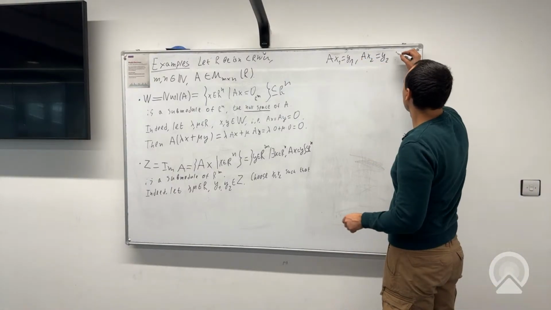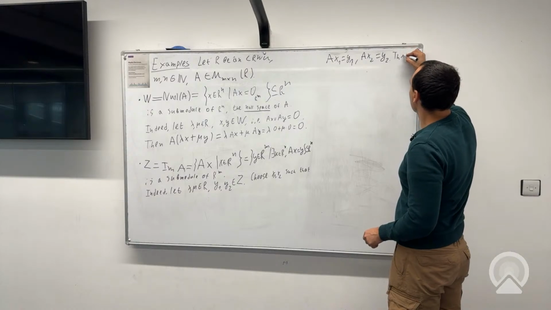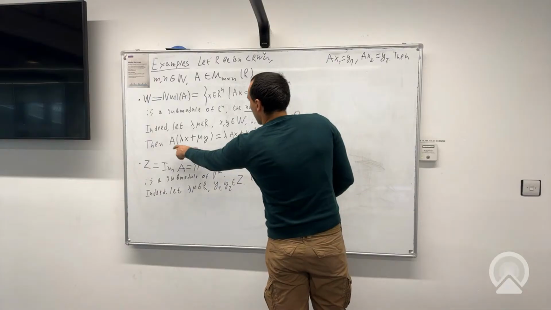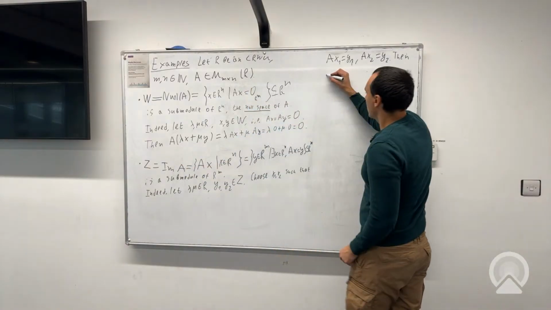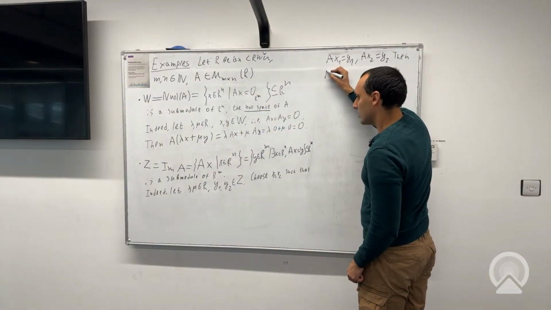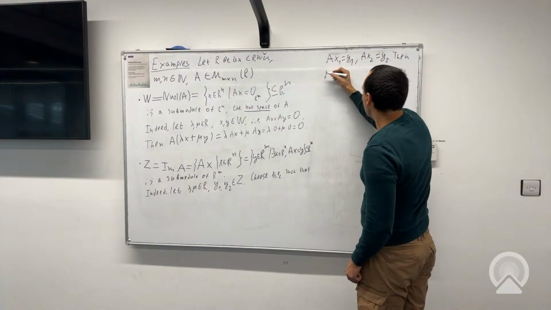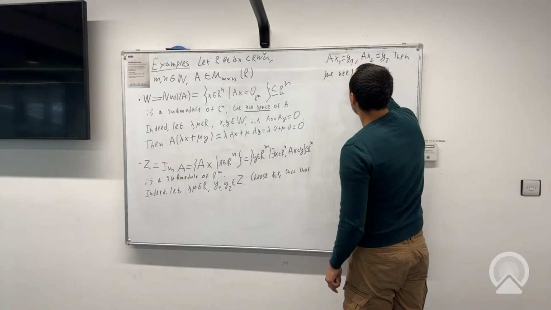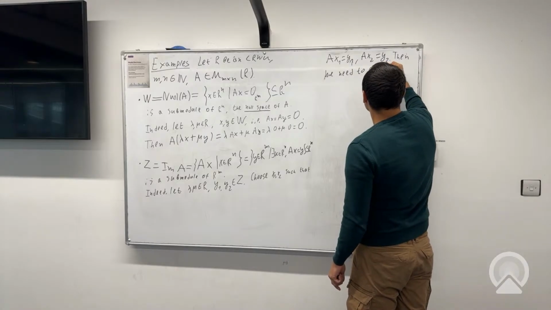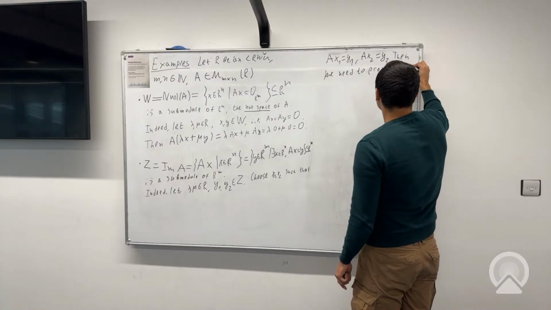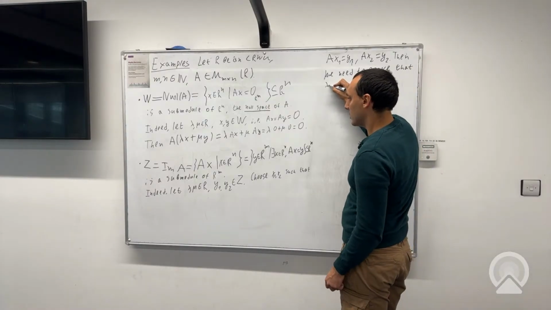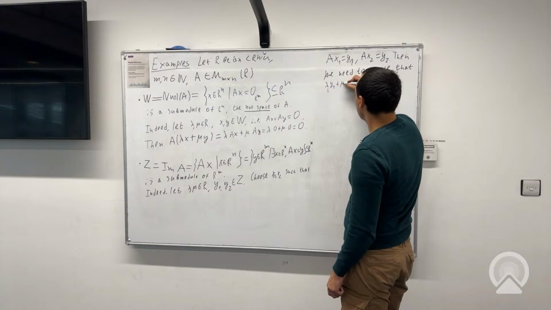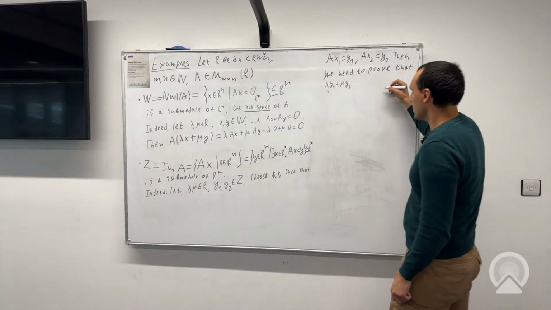Then when we take a linear combination, we also need to prove that lambda times y1 plus mu times y2 is also in Z.